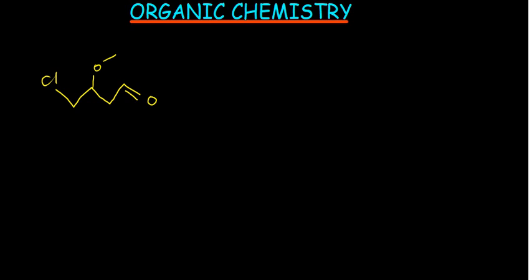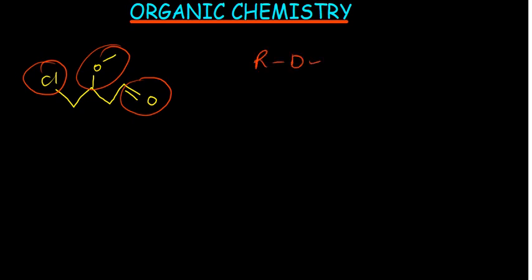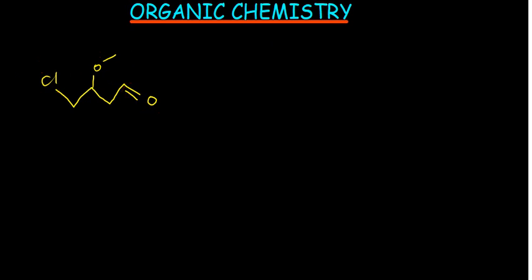Now when we look at this compound, how many functional groups are present? We've got a halogen, we've got an aldehyde, we also have an ether. Whenever we see R bonded to oxygen and then another R, this is an ether. So here we've got a methyl there, so that is going to be a methyl ether.